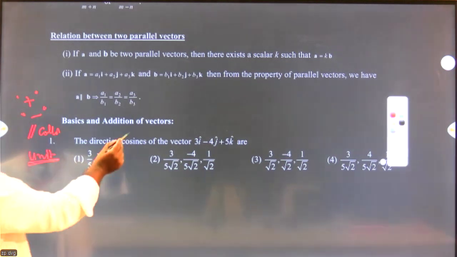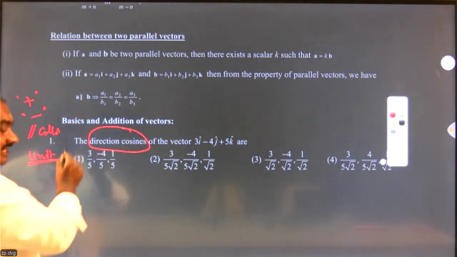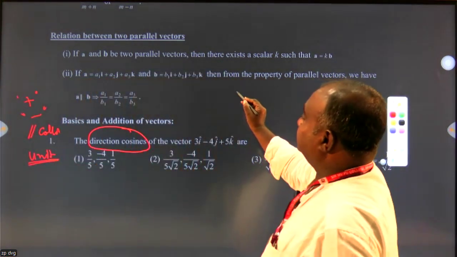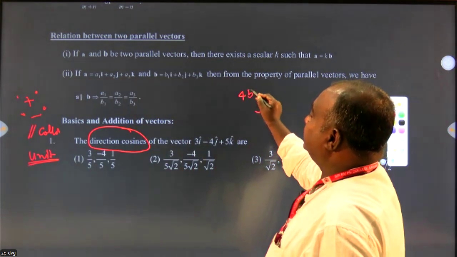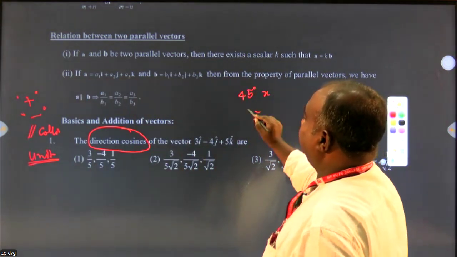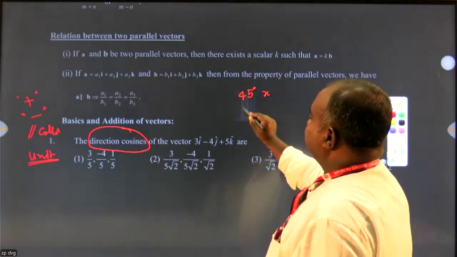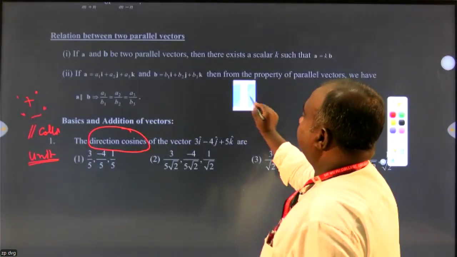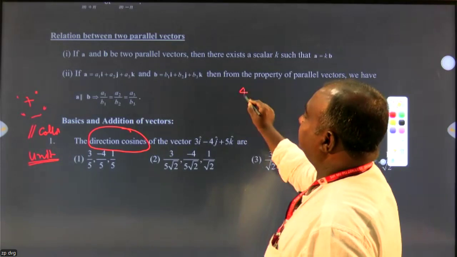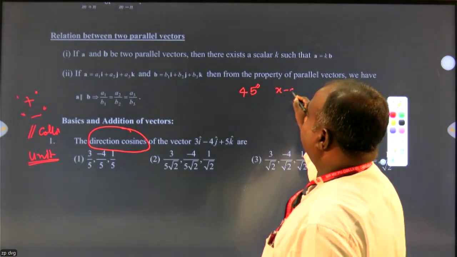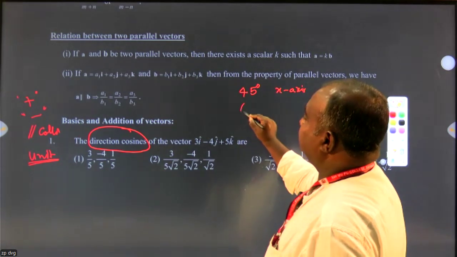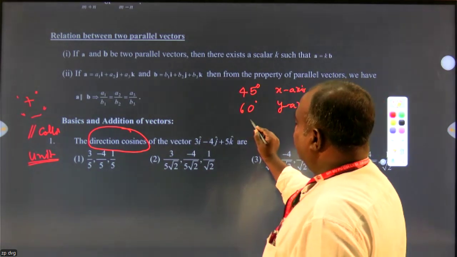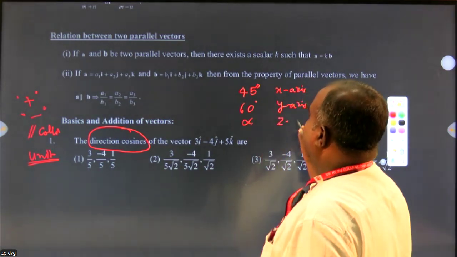And whenever direction cosines are given, remember the direction cosines. This type of question can also be asked. If a vector makes an angle of 45 degrees with the x-axis, 60 degrees with the y-axis, and alpha with the z-axis, then find the value of alpha.